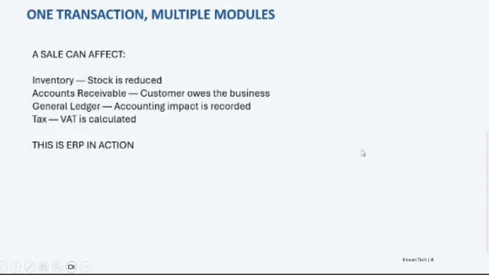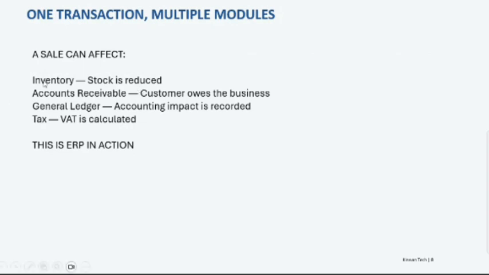We can continue and see another thing. So under the ERP, we usually have one transaction affecting multiple modules. When it comes to a sale, it usually has an effect on different modules in the ERP. When we make a sale, it will result in stock being reduced automatically.